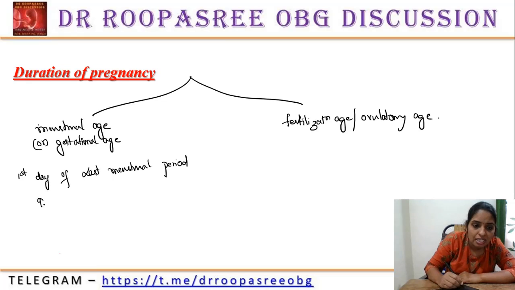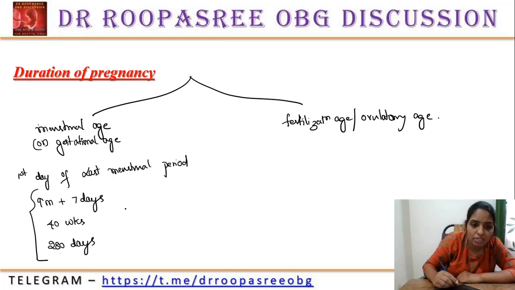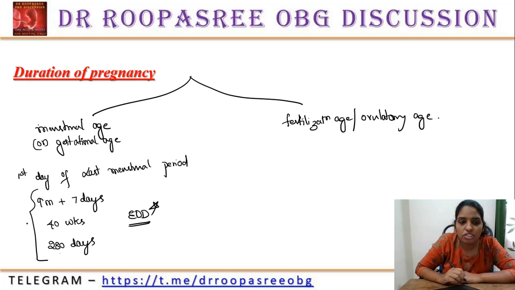It is 9 months plus 7 days, or 40 weeks, or 280 days. According to this only we will calculate the expected date of delivery.